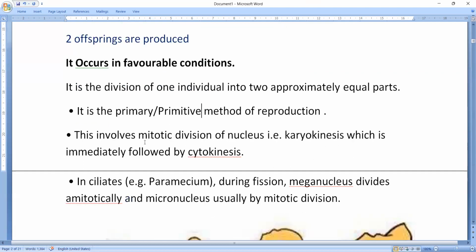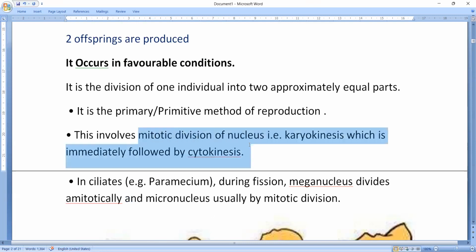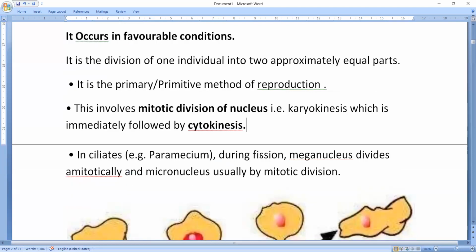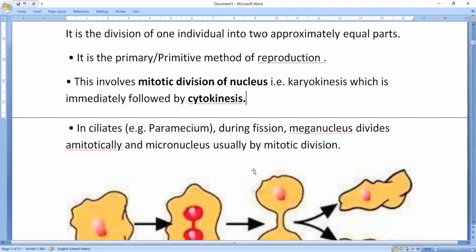It involves, remember, mitotic division of the nucleus. That is karyokinesis or nuclear division, which is immediately followed by cytokinesis. Once again, karyokinesis means division of the nucleus, and cytokinesis means division of the cell or cytoplasm, including the plasma membrane.